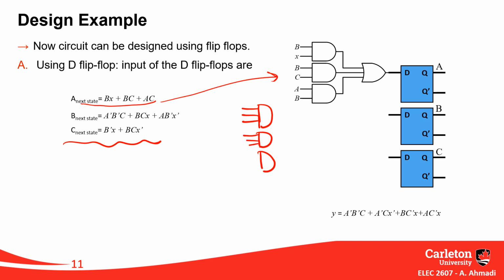3 input. For first one, I have A prime, which comes from here, B bar, C bar. So I'm not drawing the lines, just telling you that here I have A bar, B bar, this one, and C. For the second one, I have B, C, and X. And for the third one, I have A, B bar, and X bar.